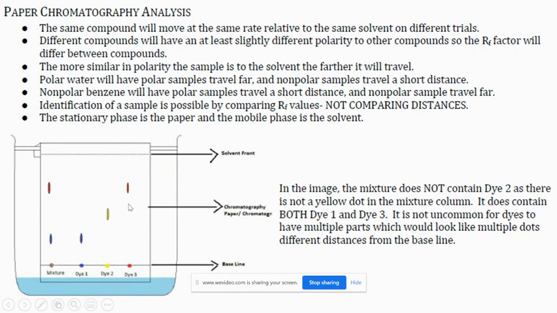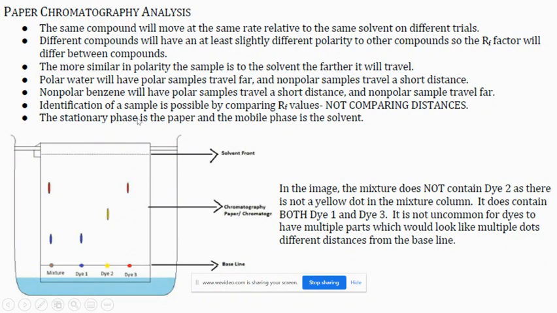So the more polar dye is going to climb higher up on that paper. If you had something like benzene in here, then the more polar solvent would stay towards the bottom, and the less polar would climb higher. So it depends on what the solvent is as to how the dye is going to interact.